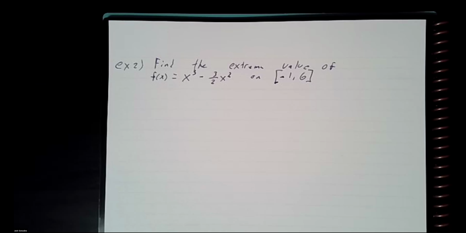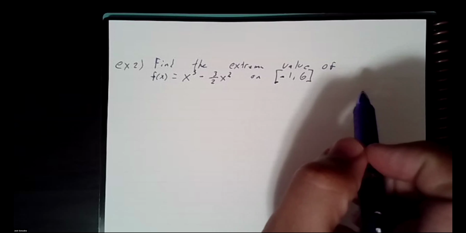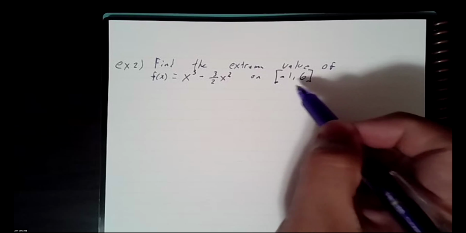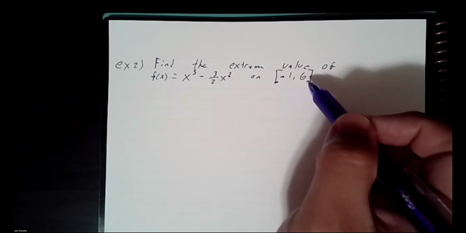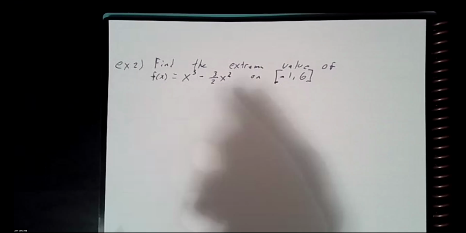Okay. So there's a theorem that basically says the maximum and minimums will happen at critical numbers or at the endpoints of your closed interval. So since it's closed, we got to check those endpoints as well as the critical numbers.